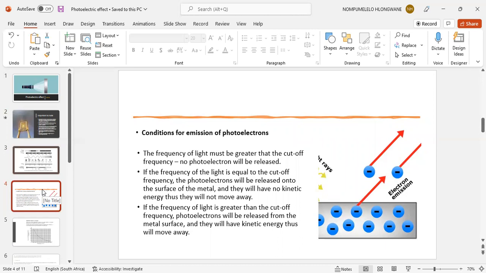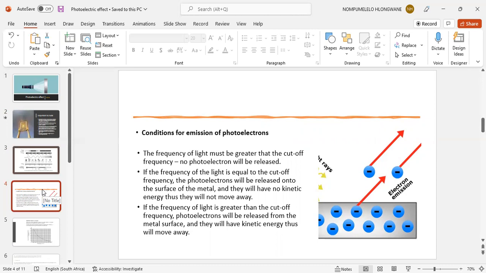We said the threshold frequency is the minimum frequency required to eject electrons from a metal surface. Therefore, in order for electrons to be emitted, the frequency of light shone onto the surface needs to be greater, otherwise no photoelectrons will be released from the surface.